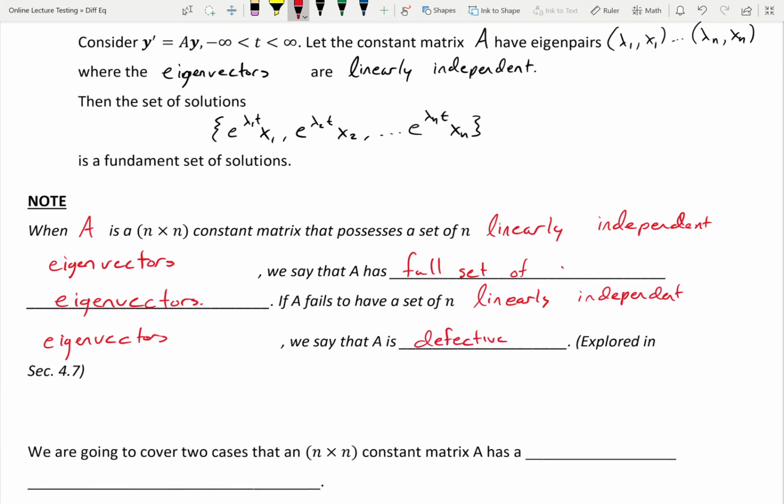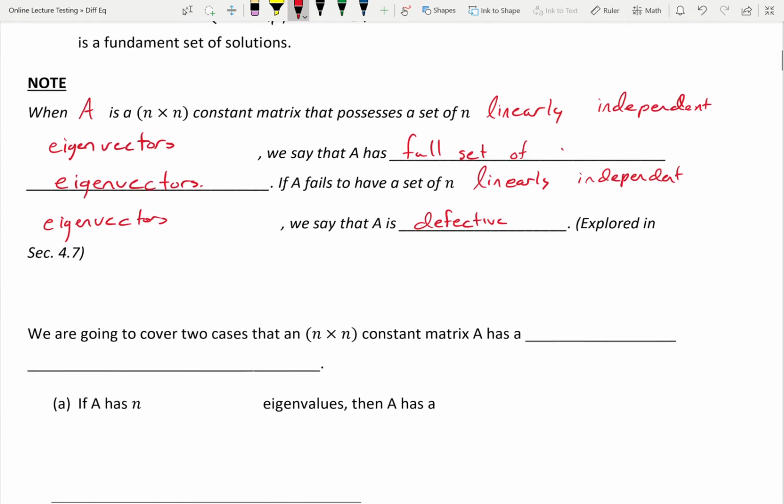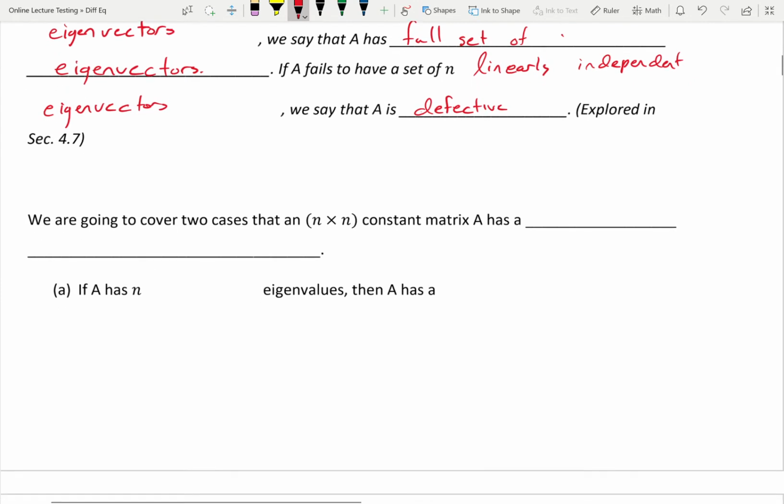And we are going to explore that in section 4.7, so we're not going to talk about it now. What we are going to do is focus on the previous, having a full set of eigenvectors. So again, we are going to cover two cases where the constant matrix A has a full set of eigenvectors.